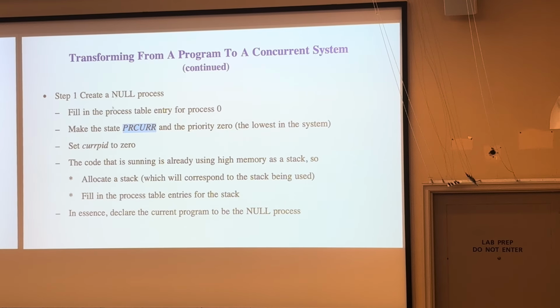Right, so make the state current and make the priority 0. Set current PID to 0, meaning that the current process that's getting executed is this null process. And this is all. This is how we turn the sequential OS into a concurrent system.